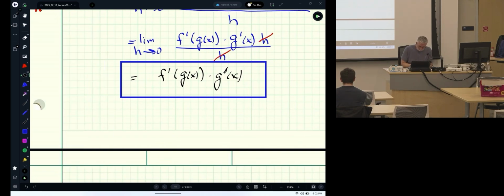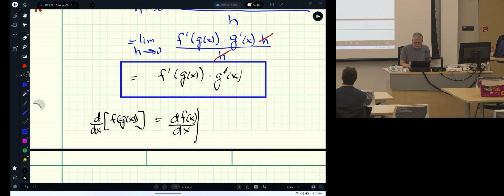Another way to write it, which was what was done with me, is you don't make it clear that f is really another variable y.